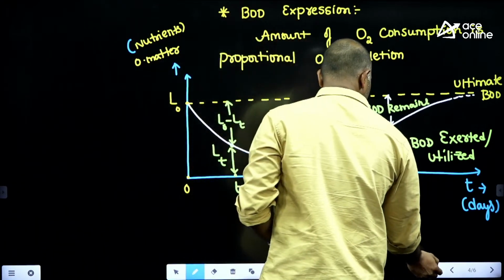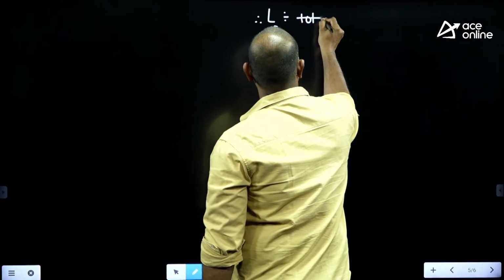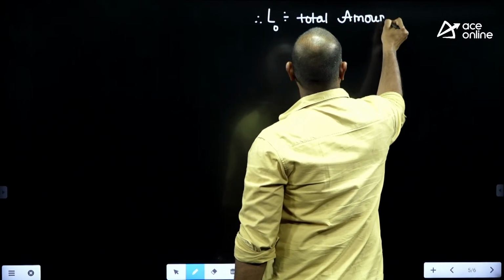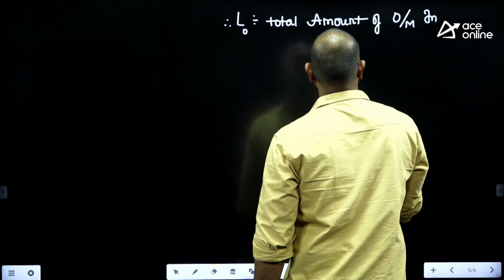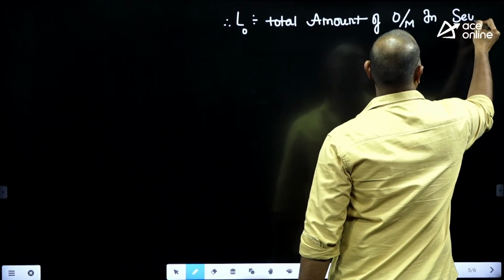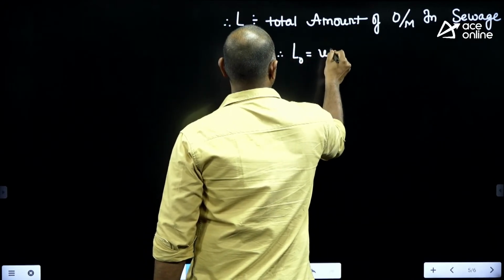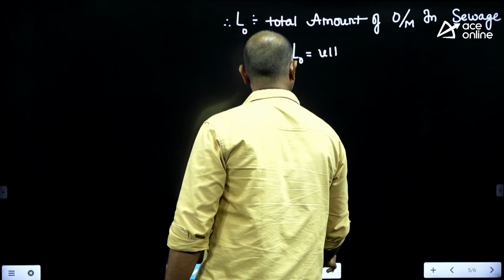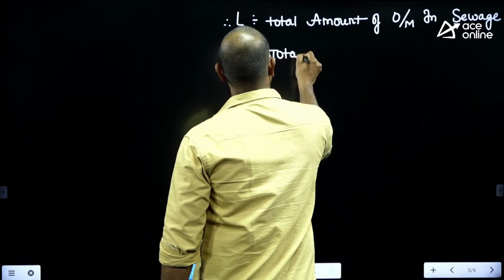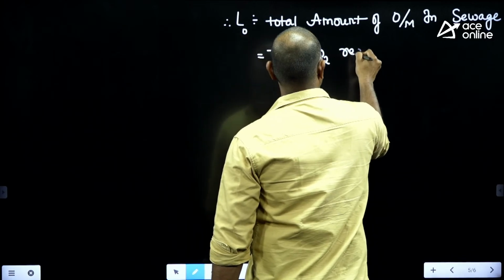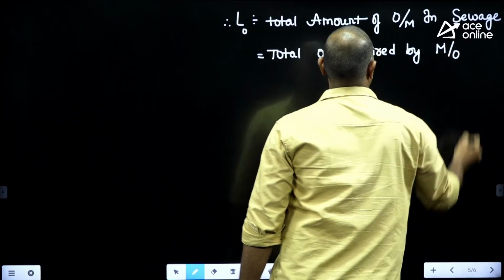And from this, let's say the term L0 is the total amount of organic matter in sewage, and L naught is equal to the ultimate, which is also equal to the total oxygen required by microorganisms.